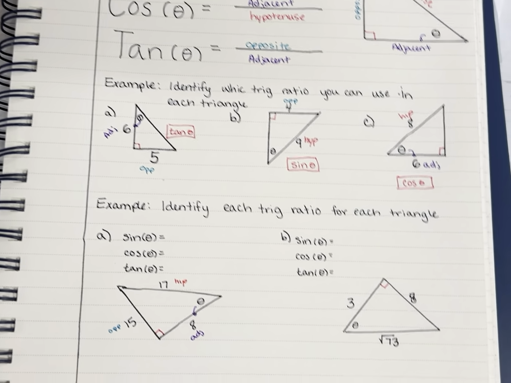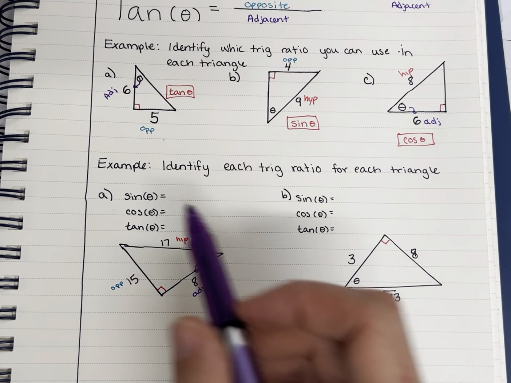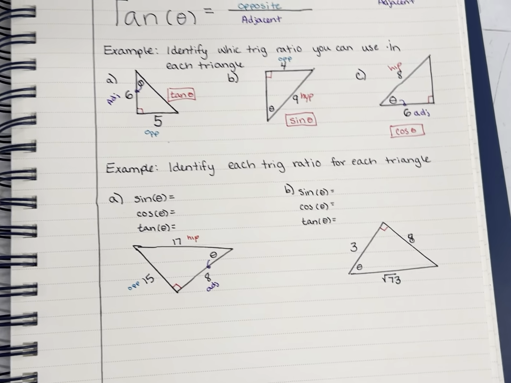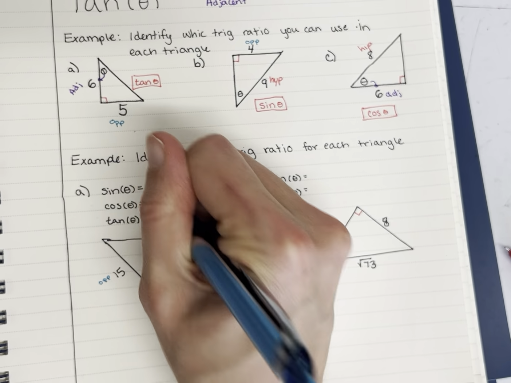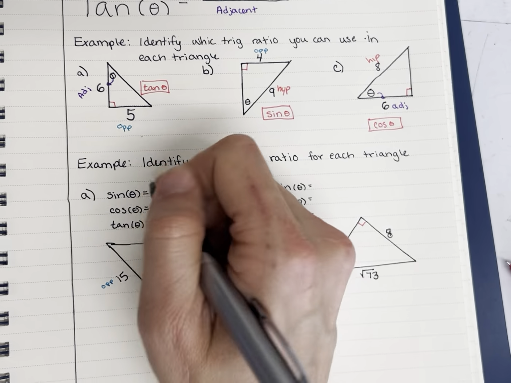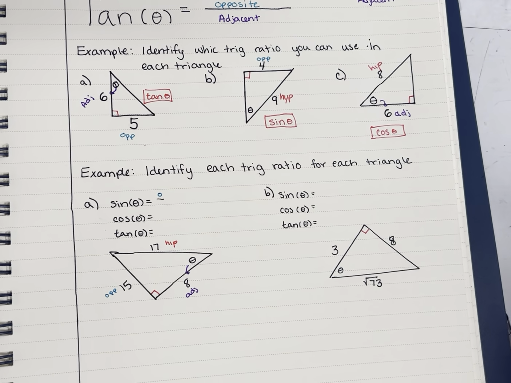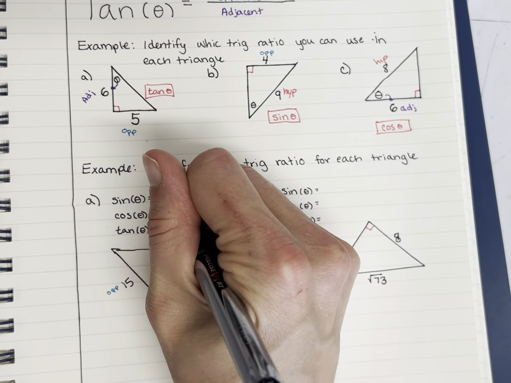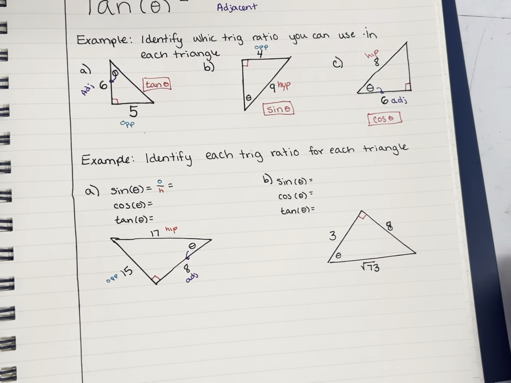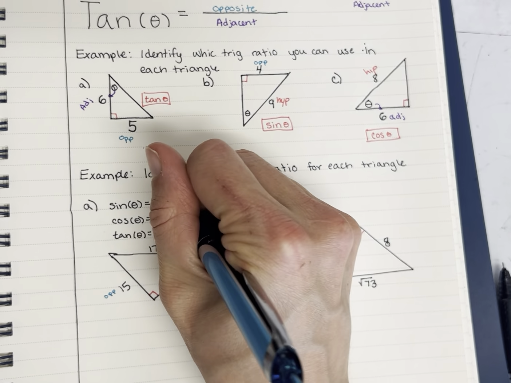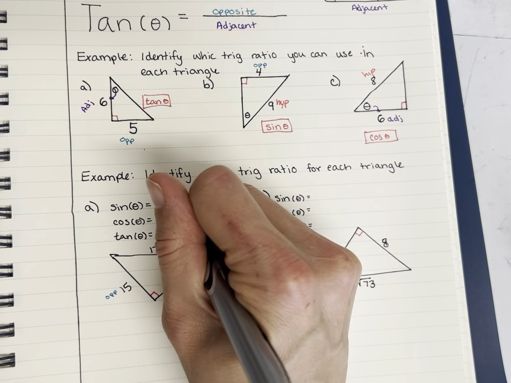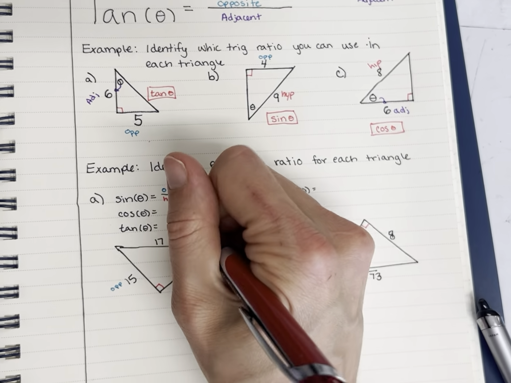All right. So when I think about sine, remember, it's opposite over hypotenuse. So O over H. Plugging in the numbers that represent sine, it's going to be 15 over my H, which is 17.